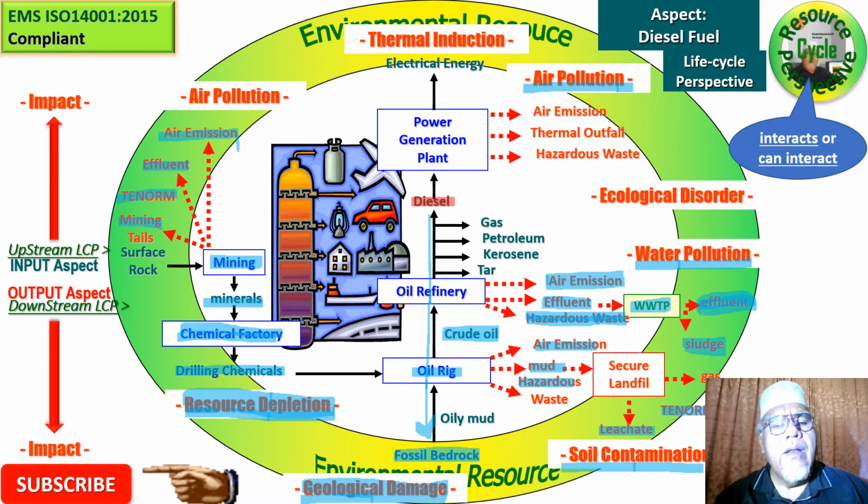These are all environmental aspects causing an impact to the environment, which is resource depletion, geological damage, air pollution, soil contamination. These are all the upstream environmental impact associated to diesel.